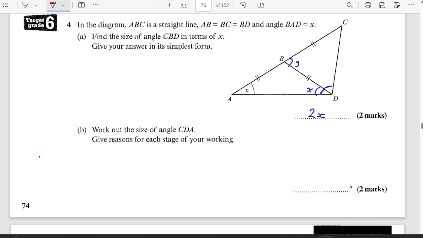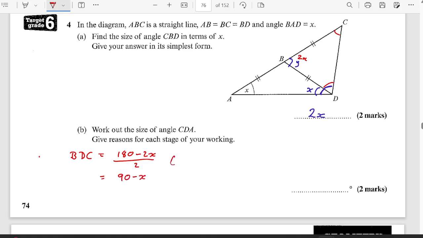Okay, so we've just found out that that's 2x. These two angles are going to be equal because they're the base angles of an isosceles triangle. So I'm going to say that angle BDC is going to be equal to 180 minus 2x divided by 2. So that's going to be 90 minus x.